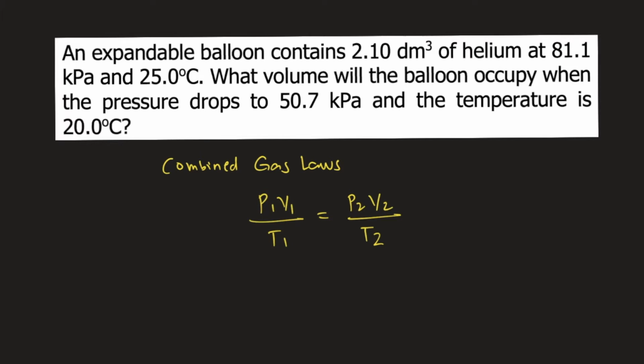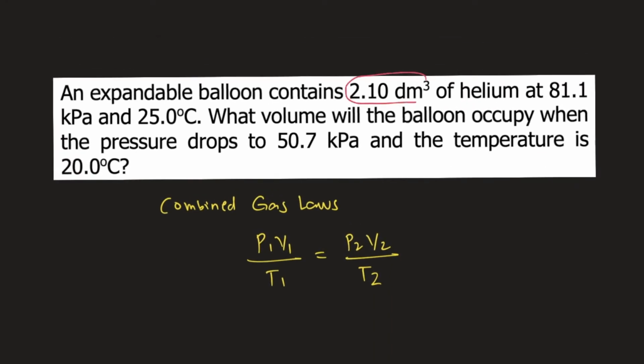Okay, so let's check the given numbers in the problem. 2.10 dm cube is the initial volume of the balloon, or this is V1. 81.1 kilopascal is the initial pressure, so this is P1. 25 degrees Celsius is the initial temperature, so this is T1. 50.7 kilopascal is the final pressure, this is P2, and 20 degrees Celsius is the final temperature, so this is T2.